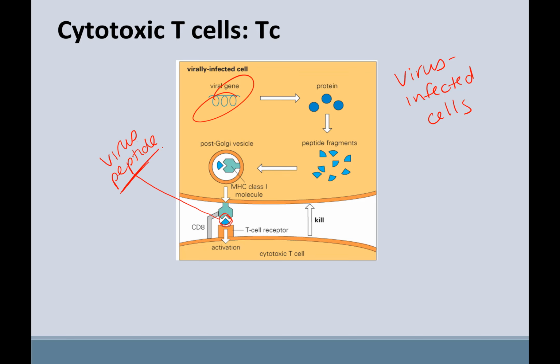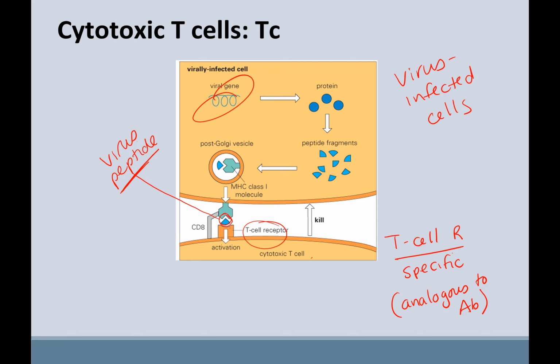Okay. The cytotoxic T cell, this T cell receptor, is highly specific. It's analogous to an antibody from the B cells. Okay, so this is also made by random DNA rearrangement.